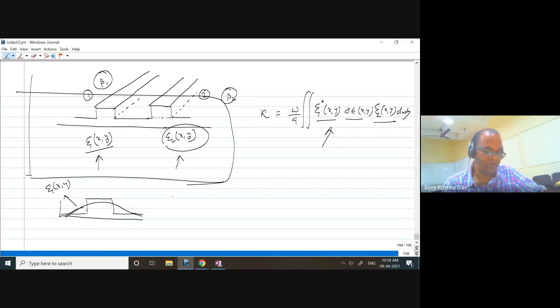Then you have a second waveguide, and there also, if you individually calculate your mode profile, you will get something like this. Remember, whenever you calculate this one and this one, you are assuming that the second waveguide was not there. Now both the waveguides are there, and I am asking you to calculate this one.